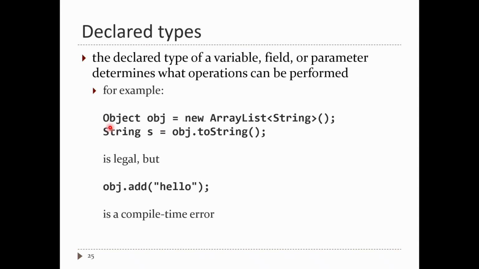And so you're restricted to the methods defined by Object or one of the subclasses of Object, of which there are none. The declared type determines what methods you can call using the variable. So even though obj is an array list, I can't add anything to that list, not using obj.